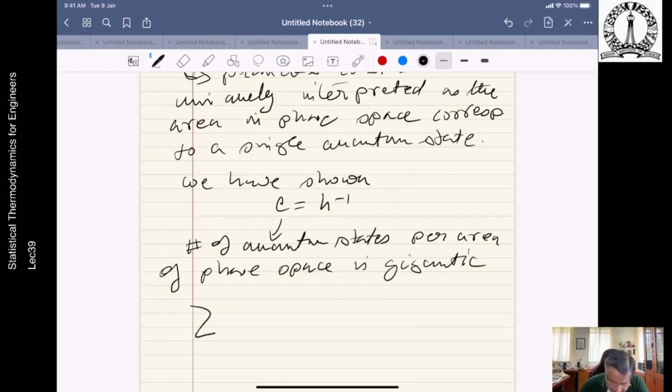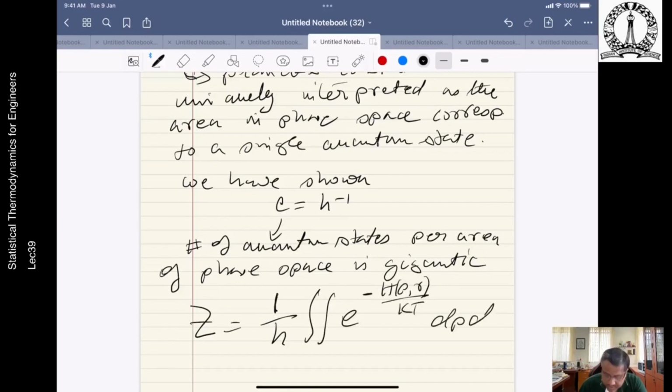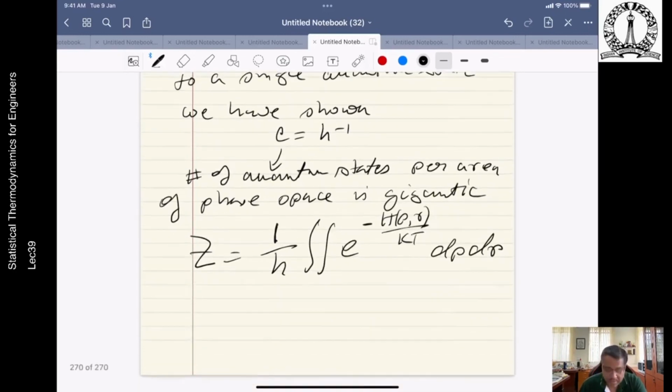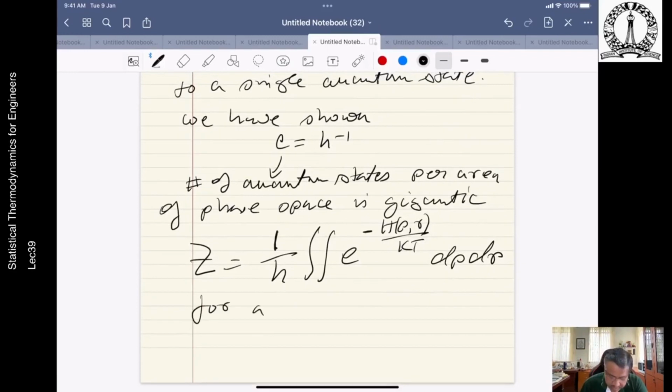Therefore, the partition function becomes 1 over h integral e to the minus H by kT dq dp for a single degree of freedom.